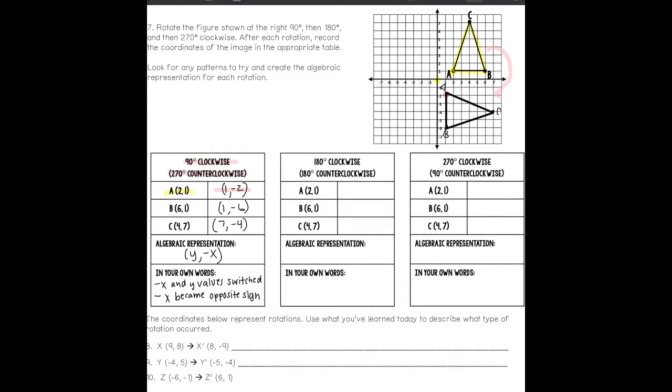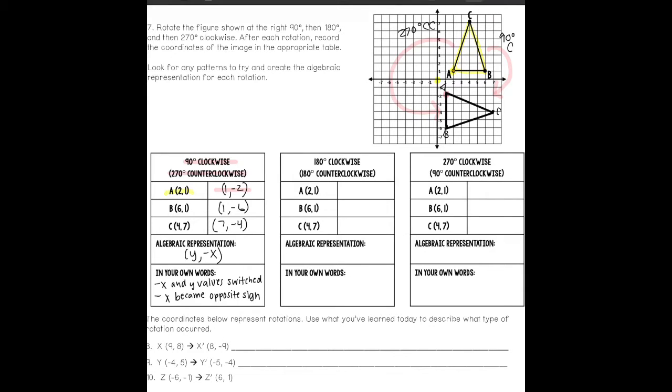Because from here to here is 90 degrees clockwise. But also if we went from here all the way over here, we would get the same thing, and that's 270 degrees counterclockwise.